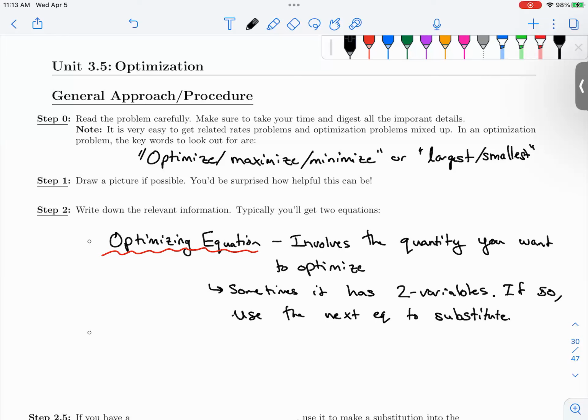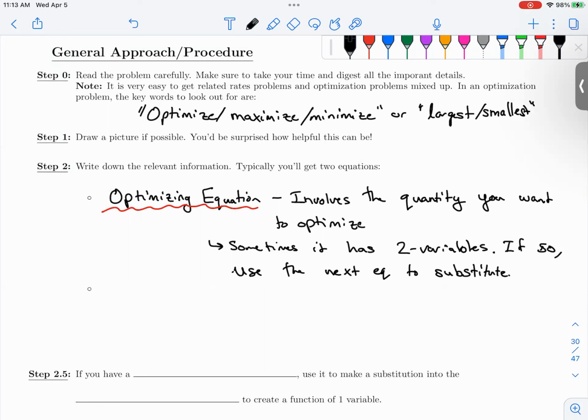The next one is what I like to call the constraint equation. I'm underlining these because these aren't exactly definitions. These are terminologies that I have written. Some books use optimizing and constraint equations, but it's not a generally accepted term. That's why I'm underlining it in red instead of writing in red.